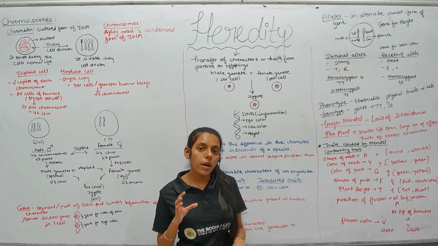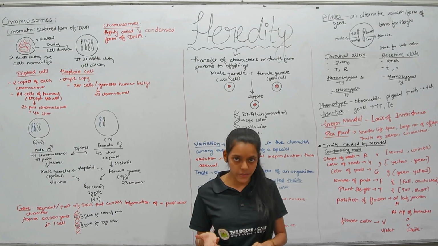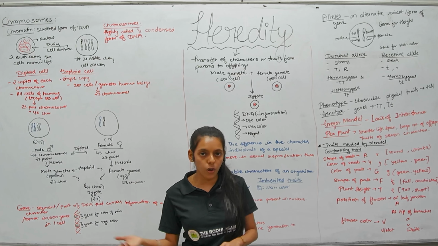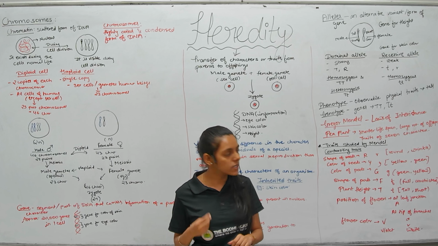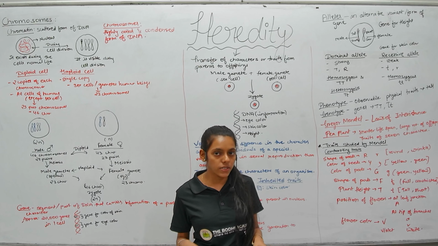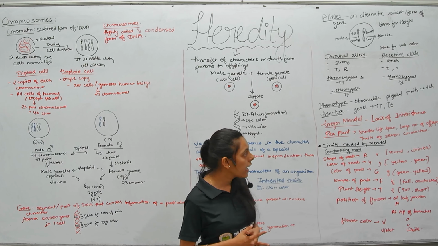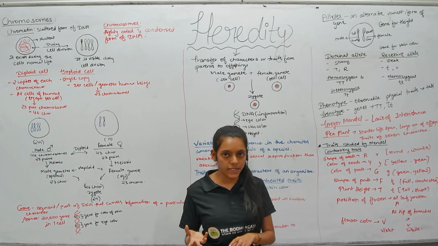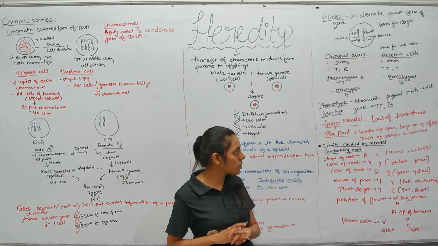Because the pea plant had a short lifespan, so he did not have to wait a long time to complete its life cycle, so it was quick. Then it produced a large number of flowers and offspring, and there were 7 contrasting traits, so that is why he chose the pea plant.